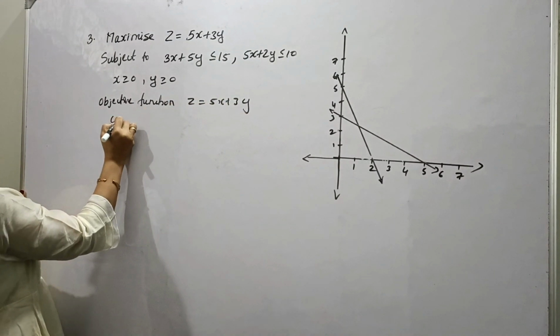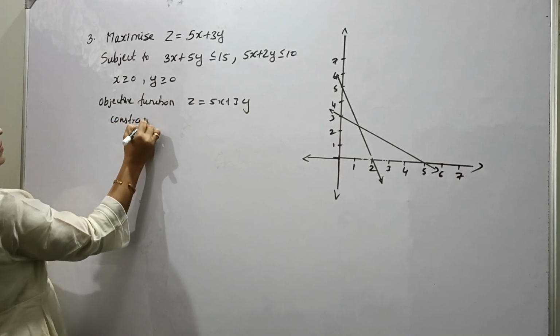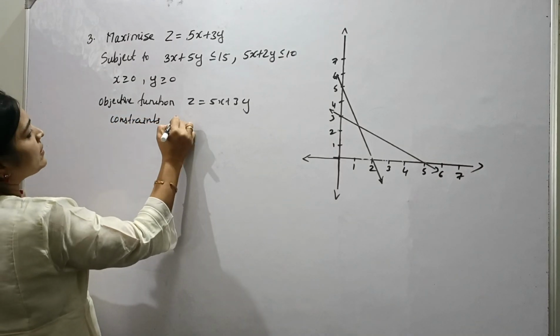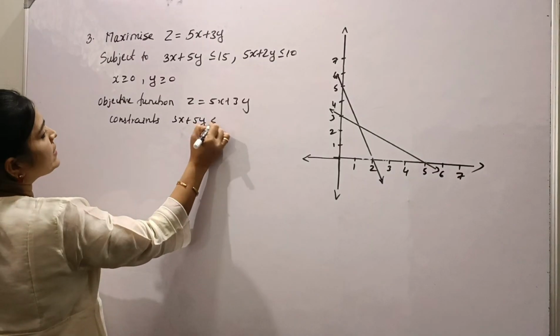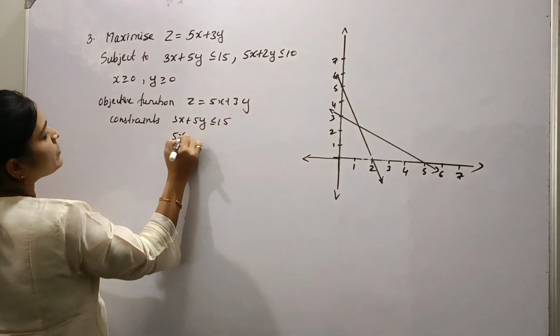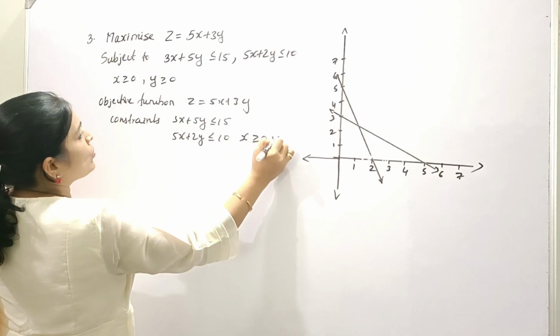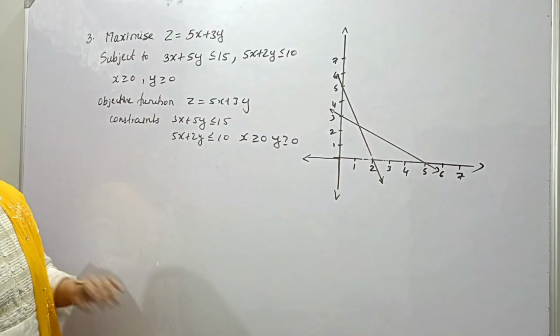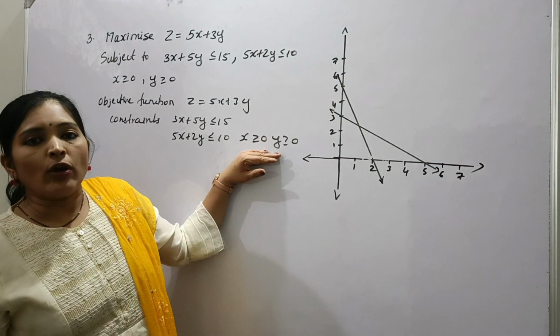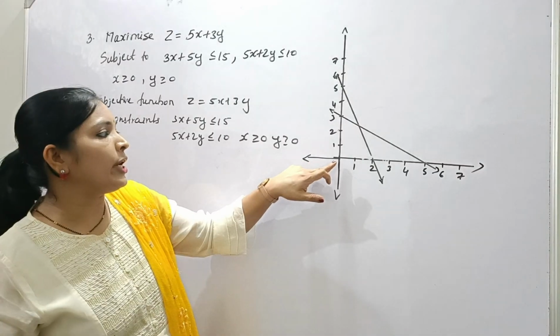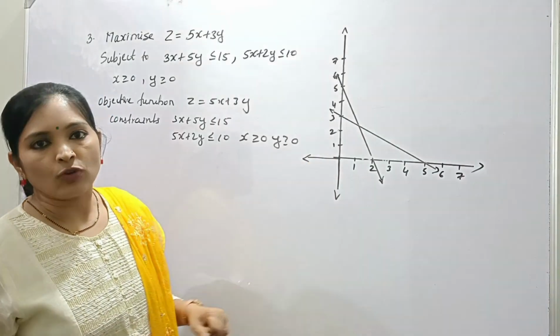And constraints are 3x plus 5y less than or equal to 15, 5x plus 2y less than or equal to 10, x greater than or equal to 0, y greater than or equal to 0. See, here x and y are always greater than or equal to 0, so no need to draw the negative values in the graph, okay.